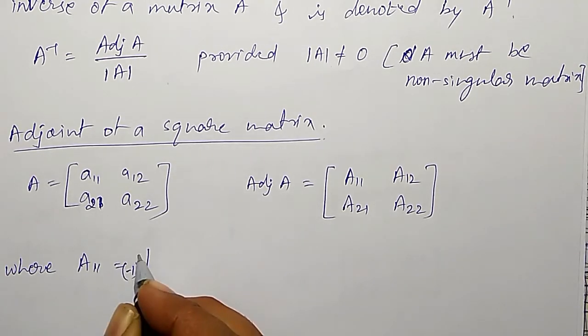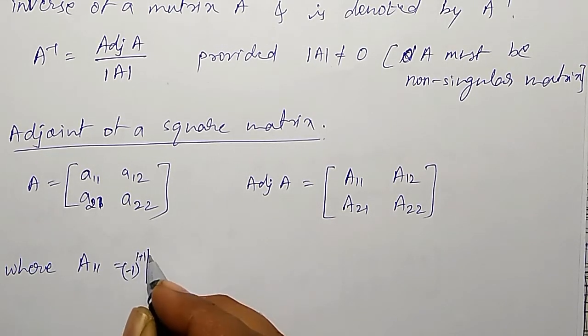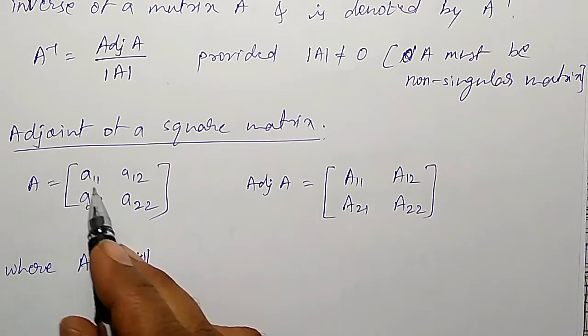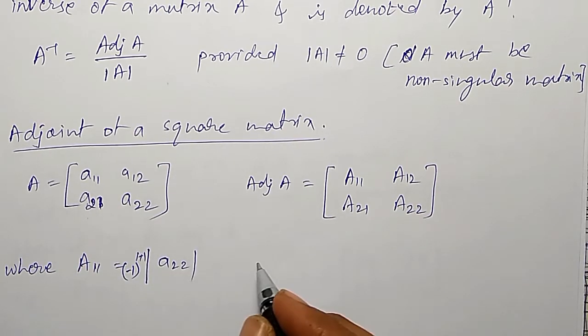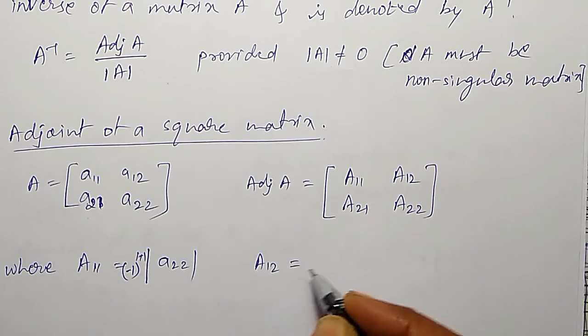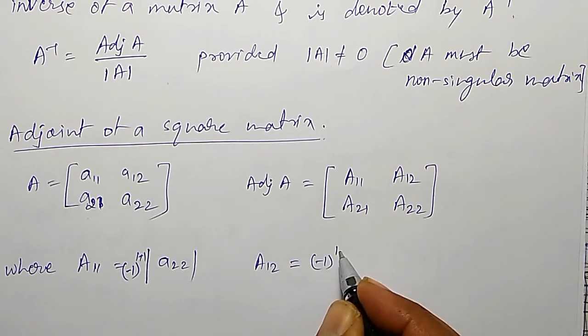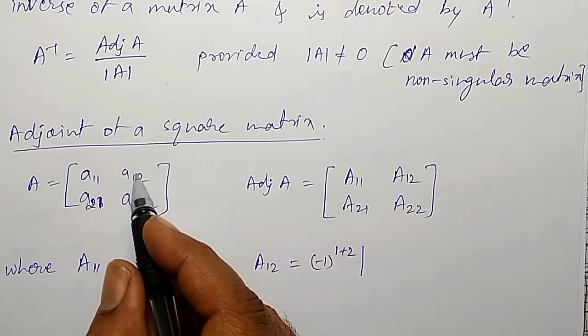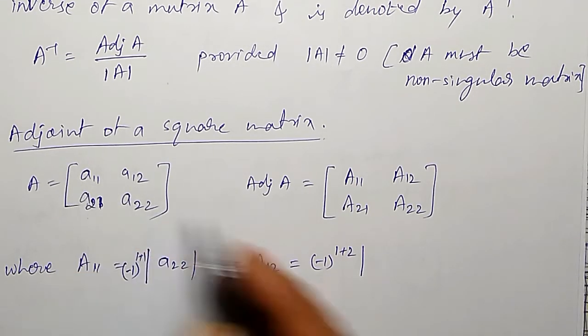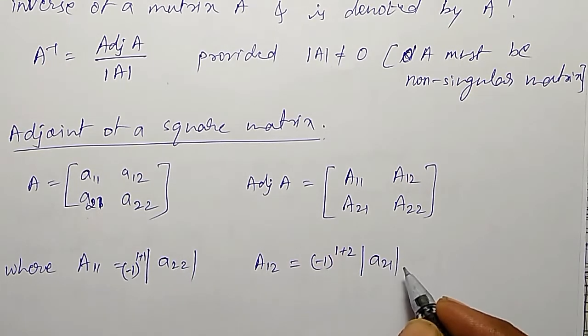1 raised to 1 plus 1. This is first, and the determinant leaving that row, leaving that column, that is A22. Like that, A12 is given by minus 1 raised to 1 plus 2, and the determinant leaving that row and that column, that is A21.